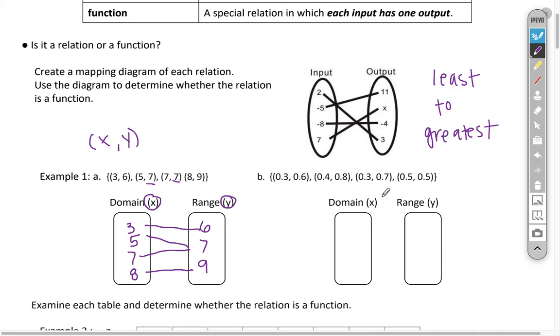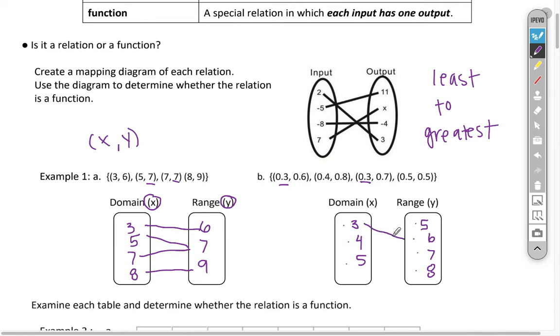And now, for example B, we'll write this. We've got some decimals, but nothing changes. But notice that we do have two x values. So we'll have 0.3, but we only have to write it once, 0.4, and 0.5. And our ranges here are 0.5, 0.6, 0.7, and 0.8. Well, we have 0.3 connecting to 0.6.